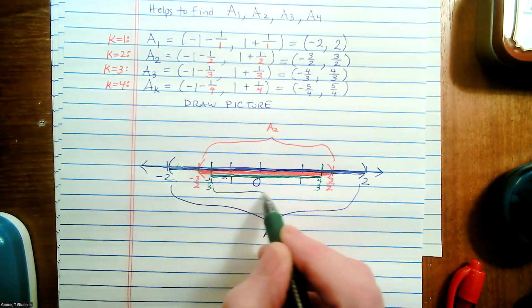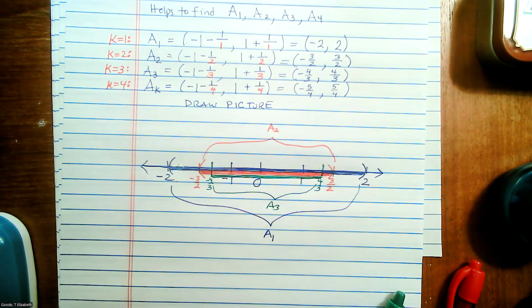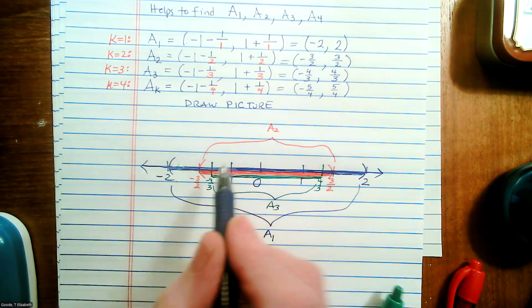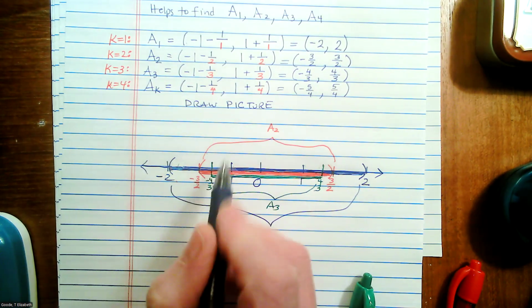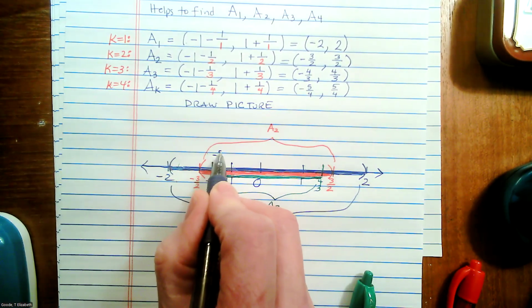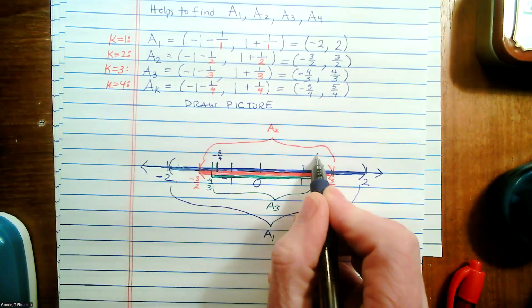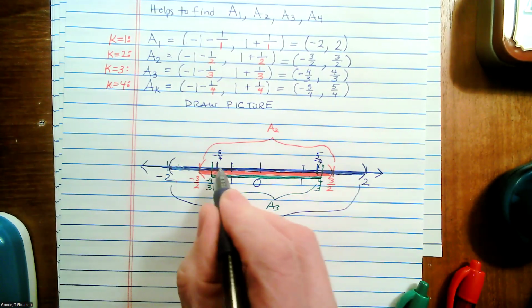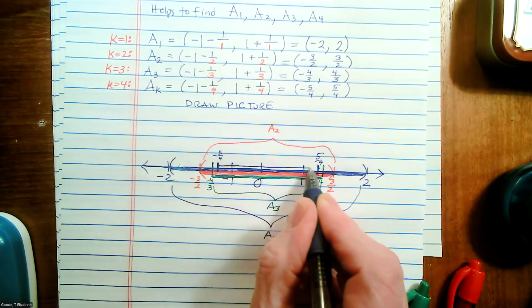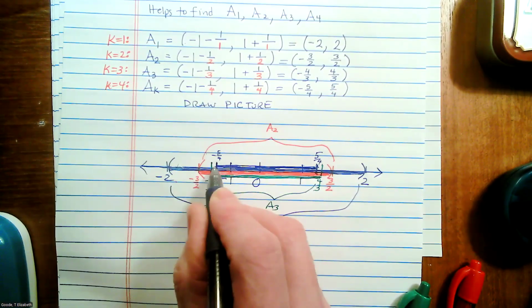This is A3. And I'll draw A4 up above. A4 goes from... so 4, so half of a half. It's going to be like right there. These get closer and closer together. Anyway, it's the smallest one. It's right in there.